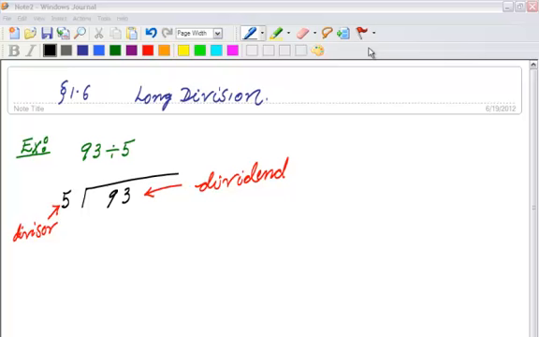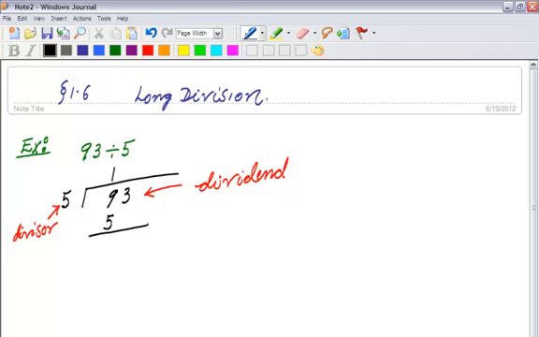So this is what we do. We take one digit at a time in the dividend and ask the question. First of all, I take 9 and I want to ask how many times 5 goes into 9. Well, 5 goes into 9 only once. So 5 times 1 is 5, and then I subtract 5 from 9, I get 4.